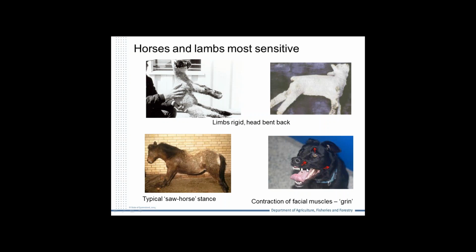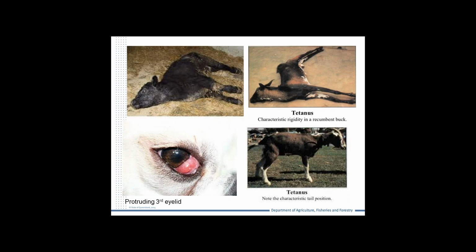This is also another classical sign that we may see in dogs. With the contraction of the facial muscles, it gives it quite a bizarre grin. Some of the other clinical signs that you may see in your animals are stiffness and reluctance to move, and that's normally one of the first signs you may see.